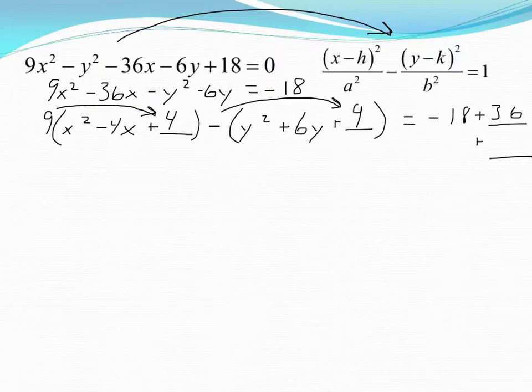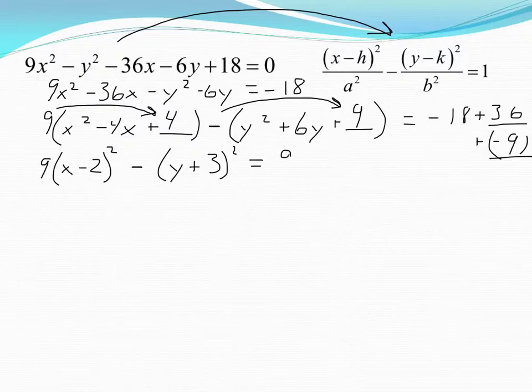Remember that's -1 times 9, so I'm adding -9 to the right-hand side of the equation. Now when we factor, we get 9 times (x - 2) squared minus (y + 3) squared, and all of this should equal 9 on the right-hand side.